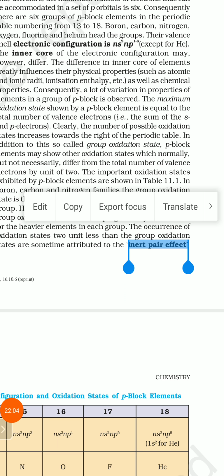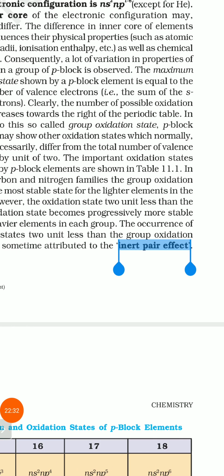Inert is nothing but stable. So the s orbital electrons do not participate in further reactions. Only the electrons in the p subshell participate. That effect is called the inert pair effect.